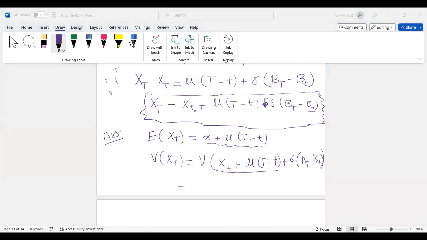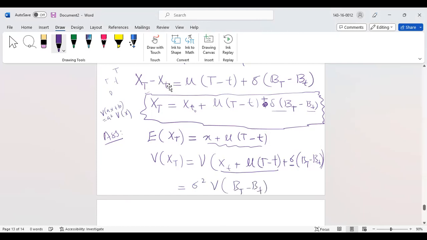The variance of ax plus b was equal to a square variance of x, as b will go away. So this will square this constant sigma square and then the variance of this bt minus bt.